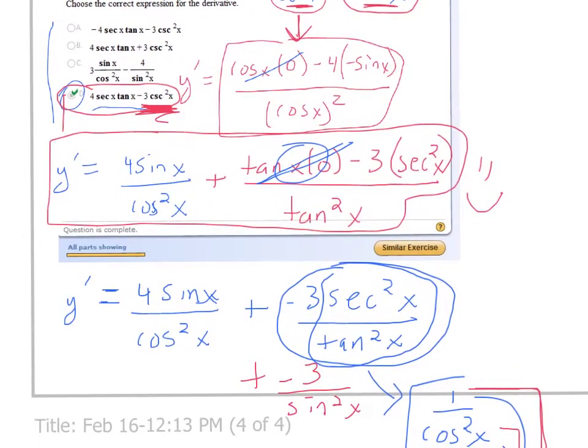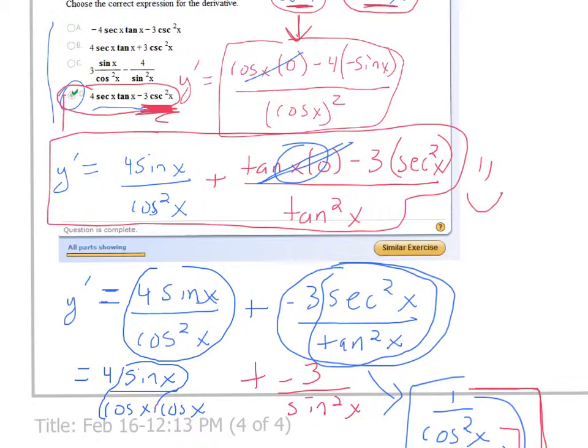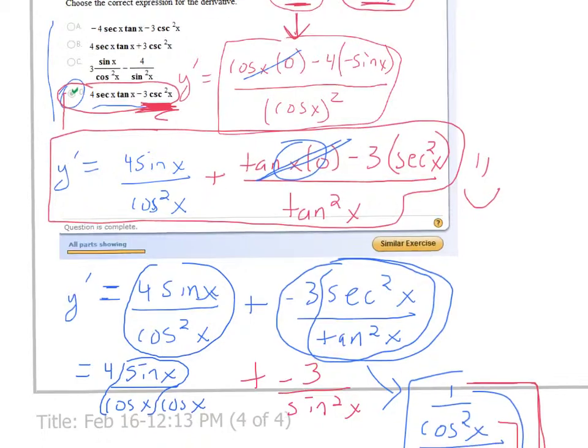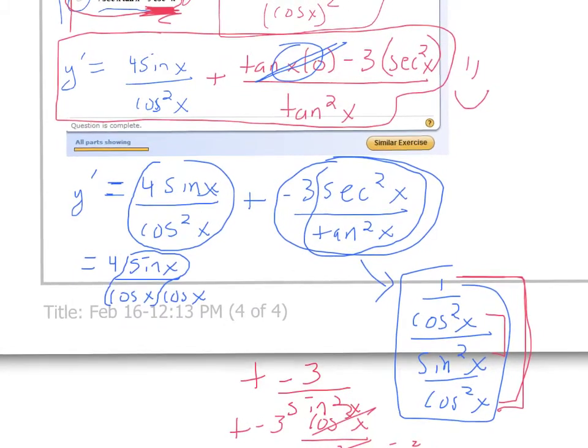Let's look at this part here as well. Bear in mind that 4 sine x over cos squared x could be rewritten as cos squared x means the same thing as cos x times cos x, right? But check this out. Sine x over cos x means the same thing as tan x. All right, so in this next step, a lot of this is just manipulation, right?